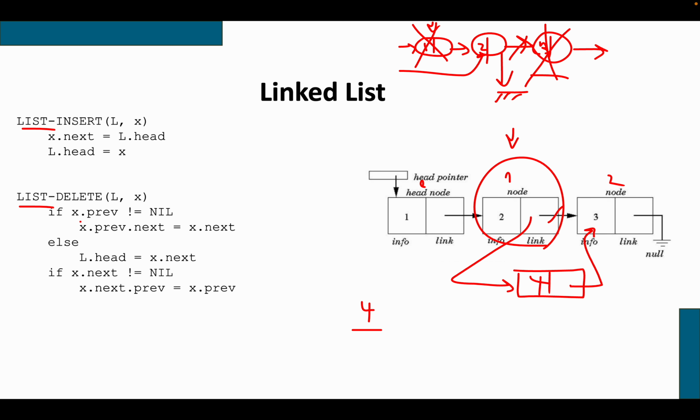Again, we consider this special situation by an if-else statement, and in a completely usual structure that we have, node 1 goes to node 2, goes to node 3, goes to null.